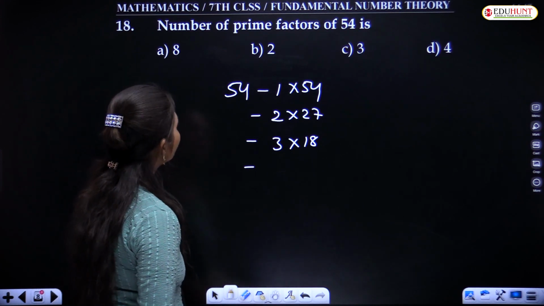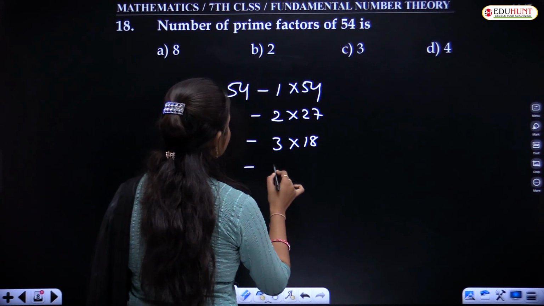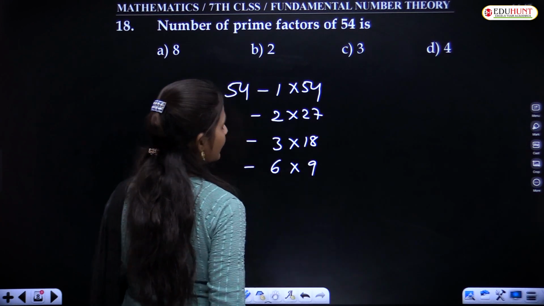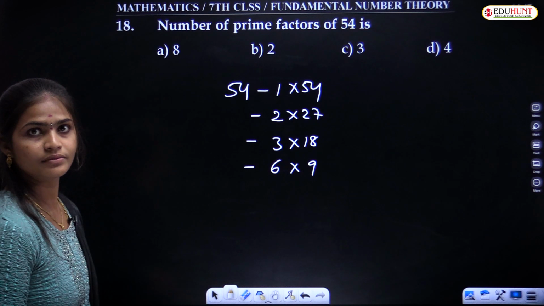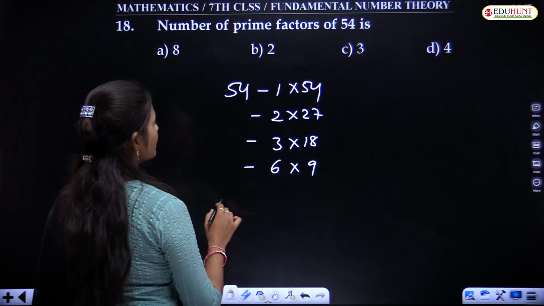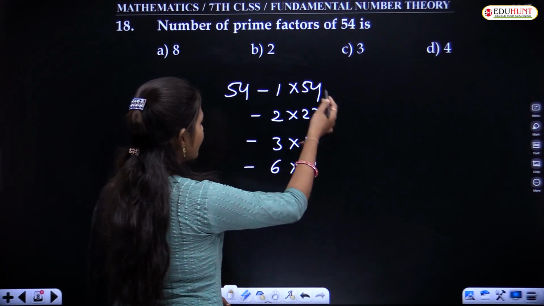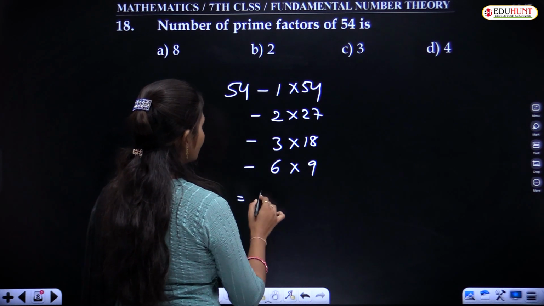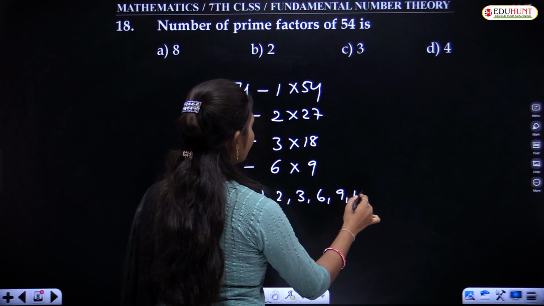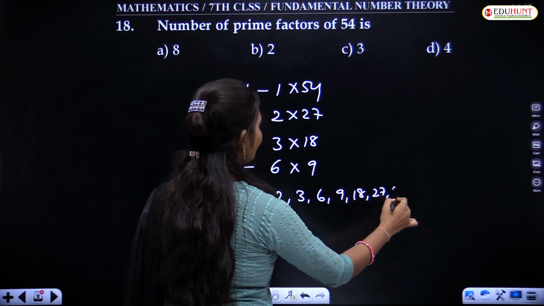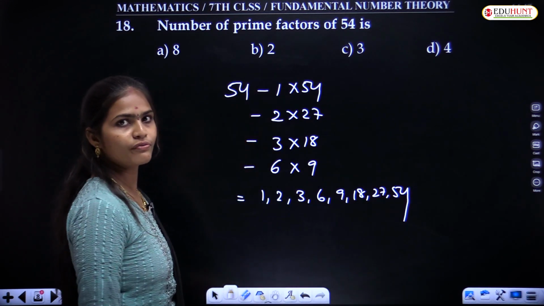Next, 5 is also not possible, next 6 nines 54, next 7 is not a multiple, 8 is also not a multiple. Next one is 9 only, so we will get repetition. So here: 1, 2, 3, 6, 9, 18, 27, 54. These all are the factors of 54, no?